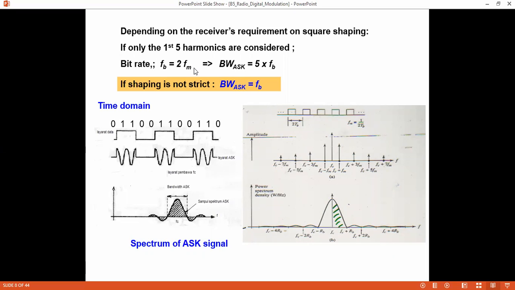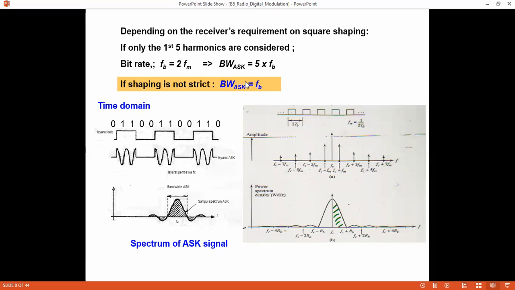So if we do not consider the requirement of the square shape, if the square shape is not that strict, for example, what is important for our receiver is that we know whether it's bit 1 or 0, that is enough. It doesn't matter what the shape of the signal is. Then in this case, we can take the minimum, which is just 2 FM.